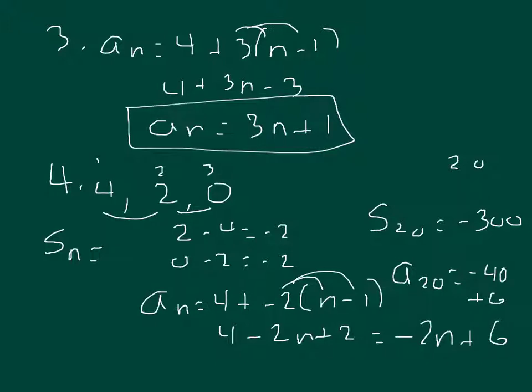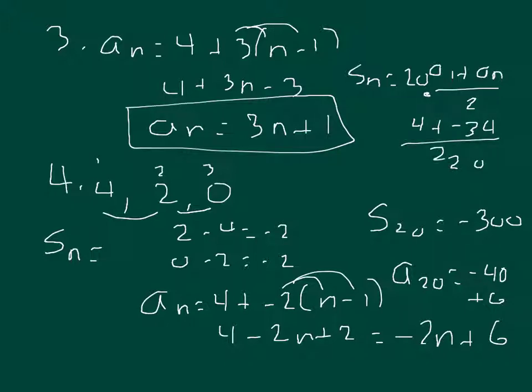Well, now you have the last term, so remember the sum of the sequence is found by adding the first and last term, finding the average of those by dividing by 2, and then multiplying by the number of terms in the sequence, which was 20. So our first term is 4, plus the last term that I found, negative 34, divided by 2, and then multiplied times the 20.